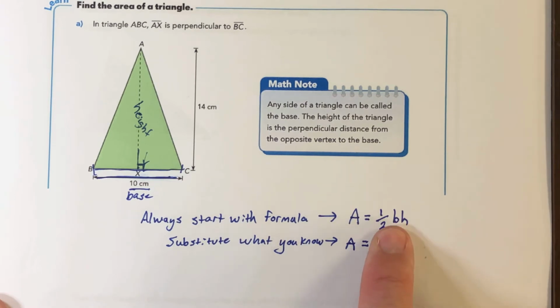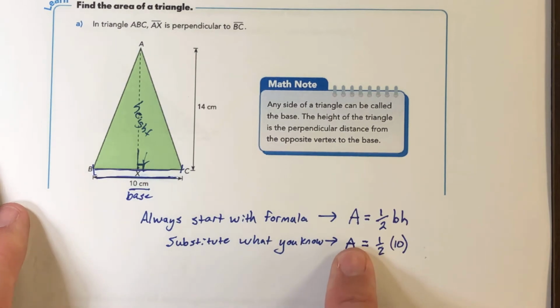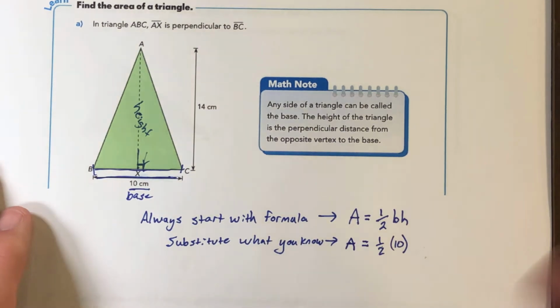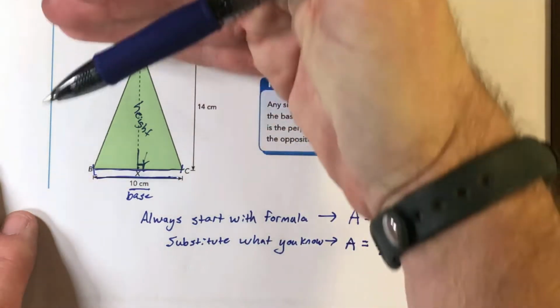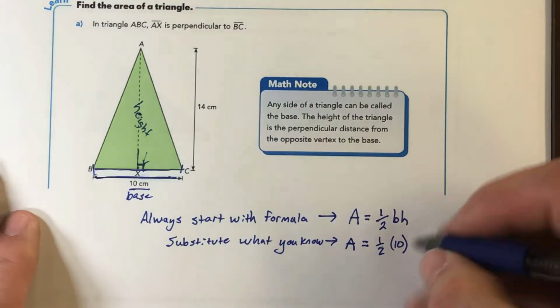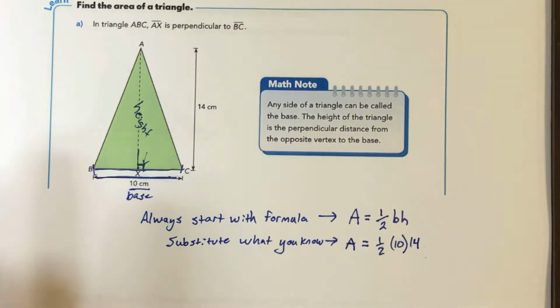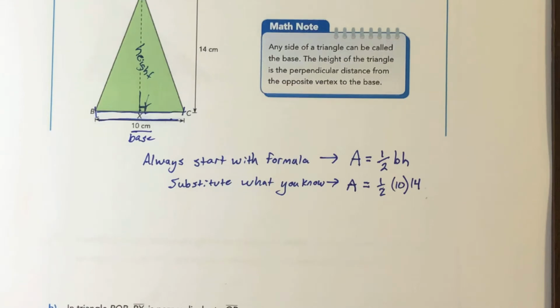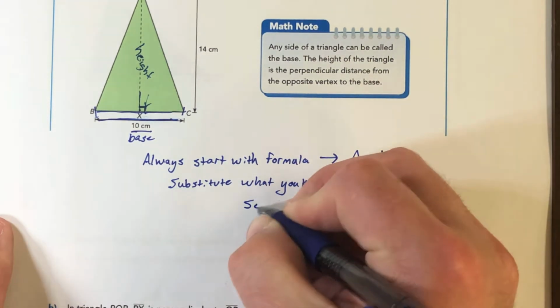So they will have to give me the base, and they will have to give me the height. Otherwise, I can't find A. So height is 14. All right. After you have substituted and replaced all but one letter of your formula, you can then solve for that letter.